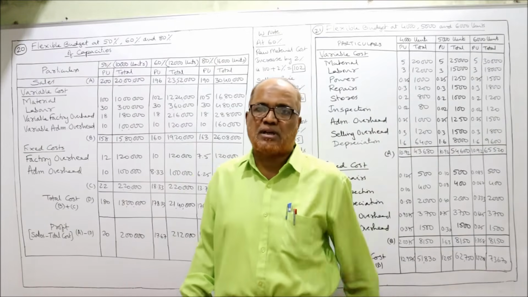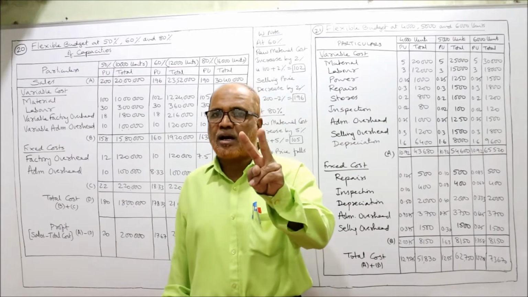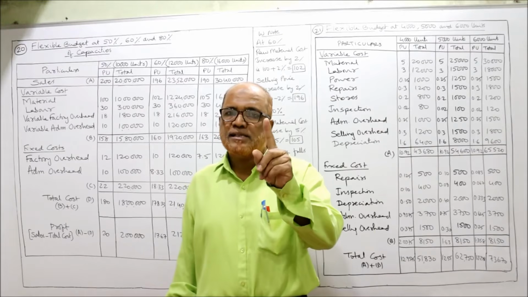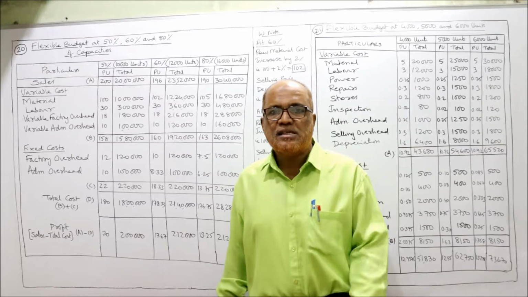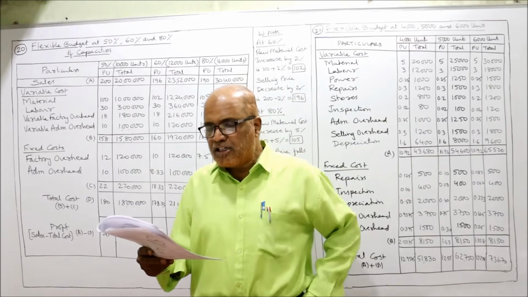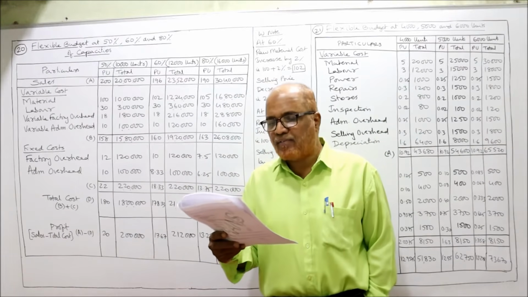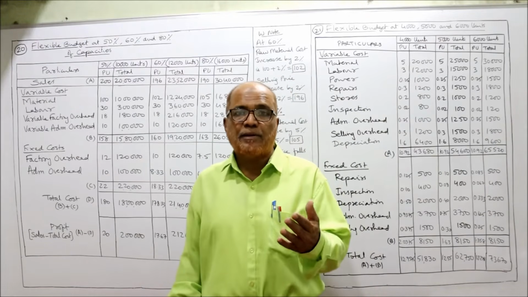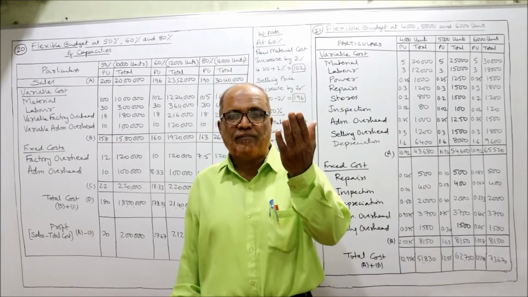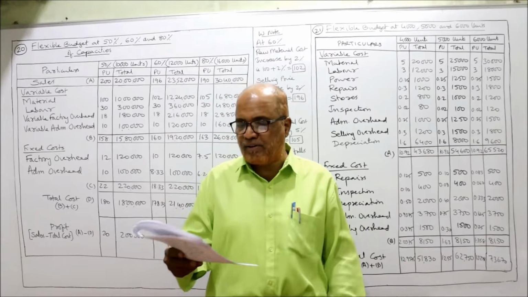So two changes are occurring: an increase in raw material price and a decrease in selling price. At 80%, raw material cost increases by 5% and selling price falls by 5%.